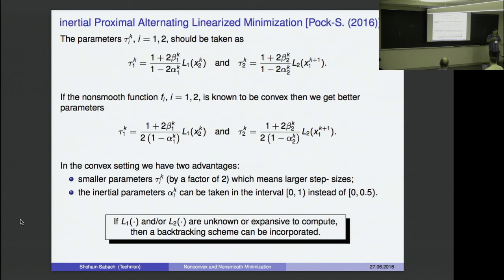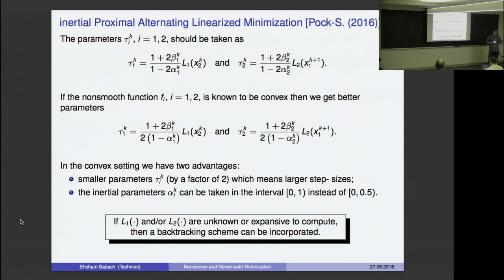I will not go into exact details, but you can do it, and all our convergence analysis remains valid if you use a backtracking scheme. So you don't need to know the partial gradient Lipschitz constants in advance, or even if you know them but they are quite expensive to compute, then you can use the backtracking scheme. Okay, so this concludes the theoretical part.